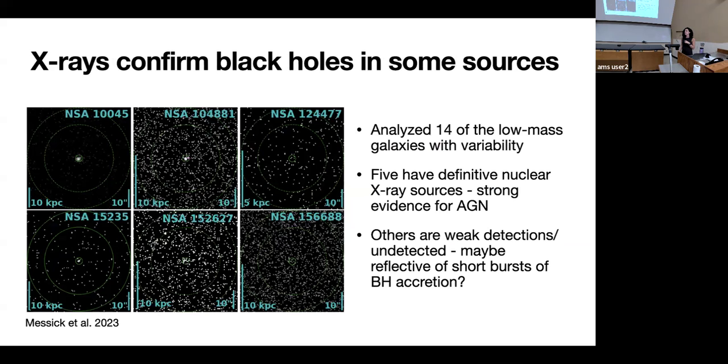Messick found that 5 of the 14 galaxies we had X-ray data for had definitive nuclear X-ray sources, which is really strong additional evidence for the presence of an active galactic nucleus. The remaining objects in the sample were either weak detections or undetected, which could be reflective of much shorter bursts of black hole accretion or some difference in the accretion properties of these lower mass black holes.